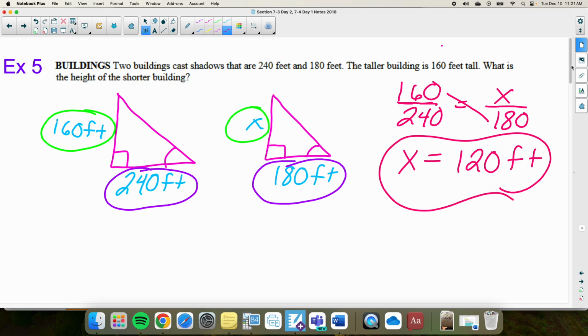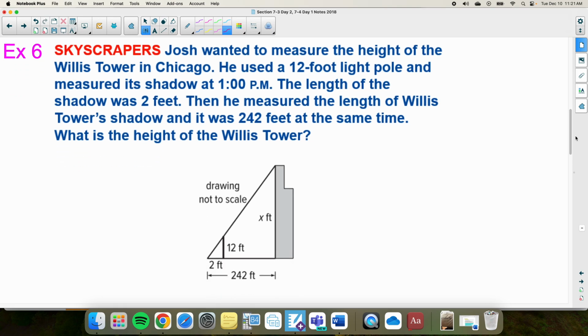Okay, now it says Josh wanted to measure the height of Willis Tower in Chicago. He used a 12-foot pole. So here's our 12-foot pole, and its shadow was 2 feet.